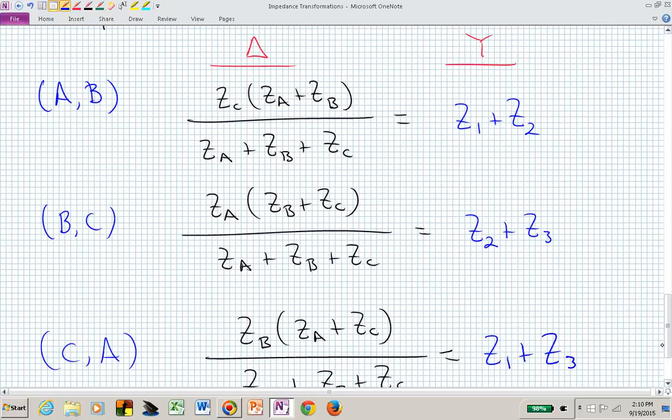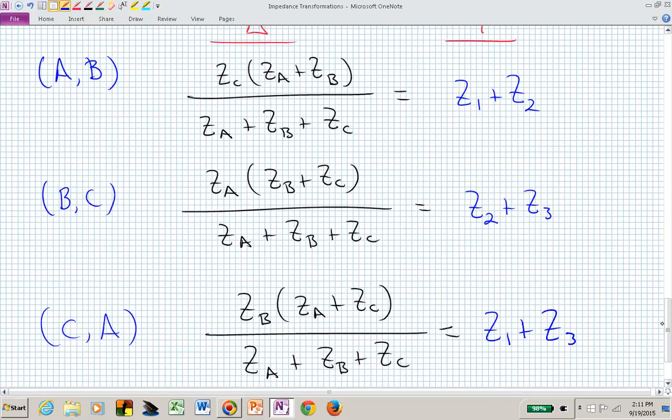What we want to do now is, if we are going from delta to Y, we want to find a formula, let's say for Z sub 1, in terms of the ABC, or the delta impedances, using these three relationships.